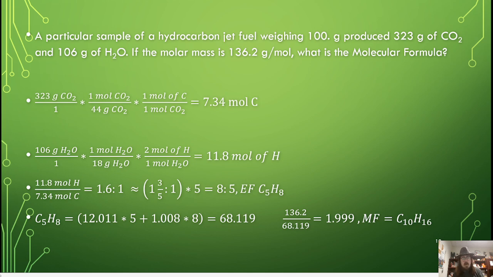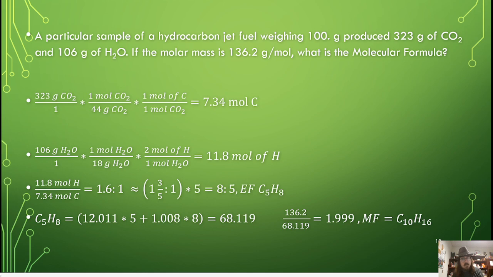Gives us 11.8. We find the simple ratio, and it's a 1.6 to 1, or 1 3/5 to 1. To make this a whole number, we have to multiply by 5. And so we get an 8 to 5 ratio. So C5H8.